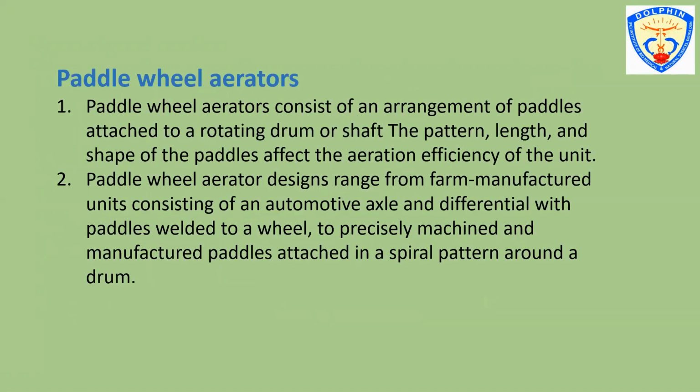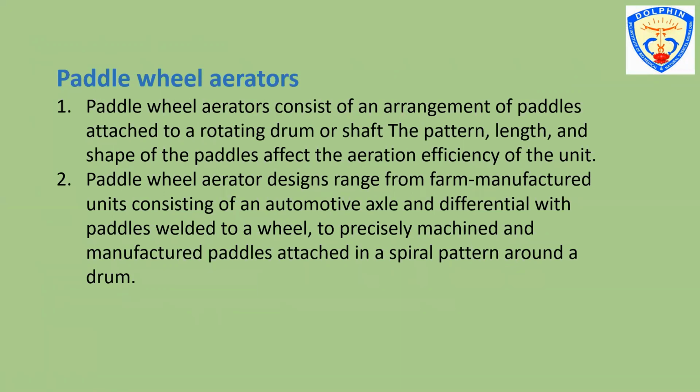First of all, we will talk about the paddle wheel aerators. The paddle wheel aerators consist of an arrangement of paddles, just like cycle paddles, which are attached to a rotating drum or shaft. The paddle length, the pattern, and the shape of the paddles will affect the aeration efficiency of the unit.